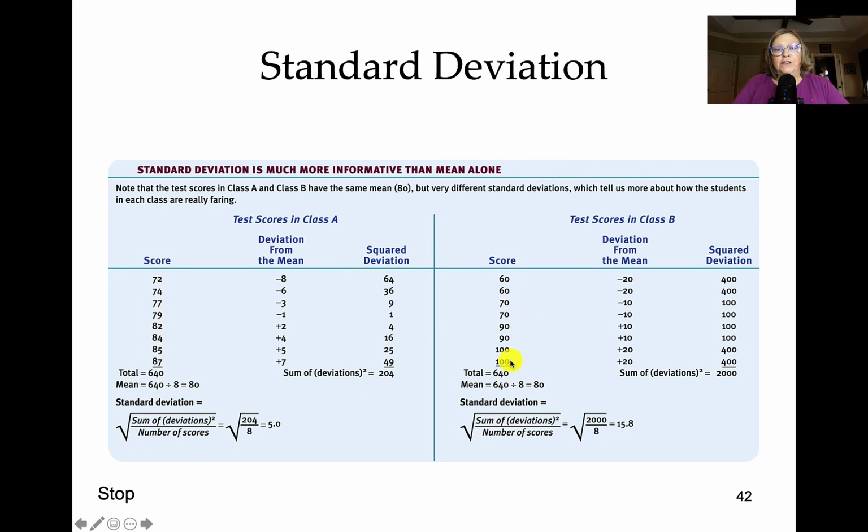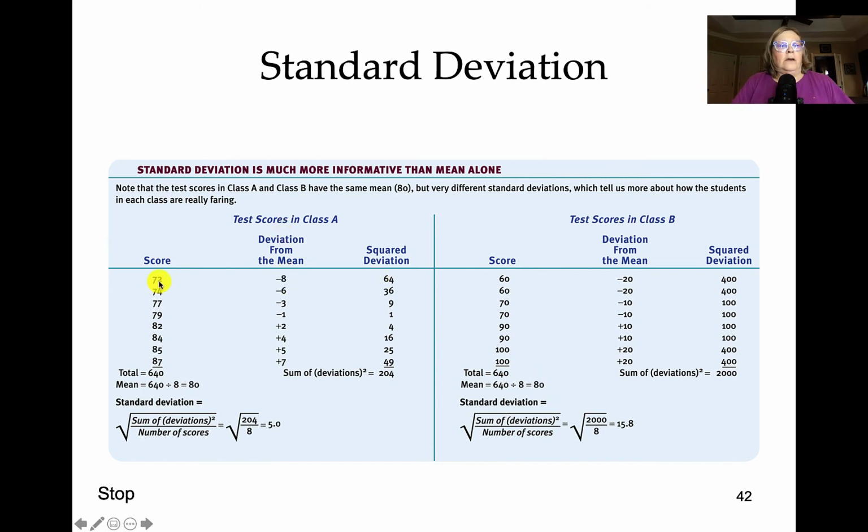The range in this set is 40. The average, when you do the arithmetic mean, turns out to be 80 over here on the left, and it also turns out to be 80 over here on the right. So those are two groups of data that have the same mean, but they have a really different standard deviation.